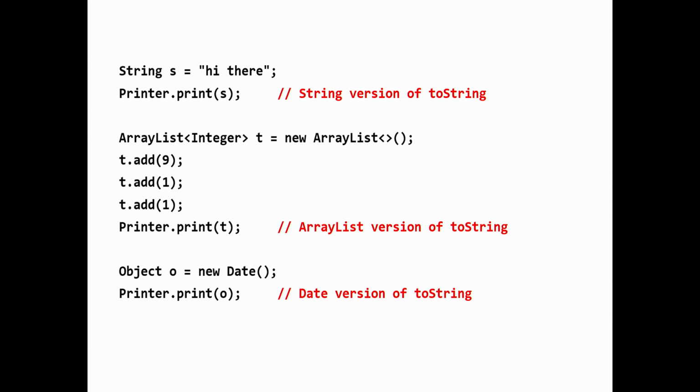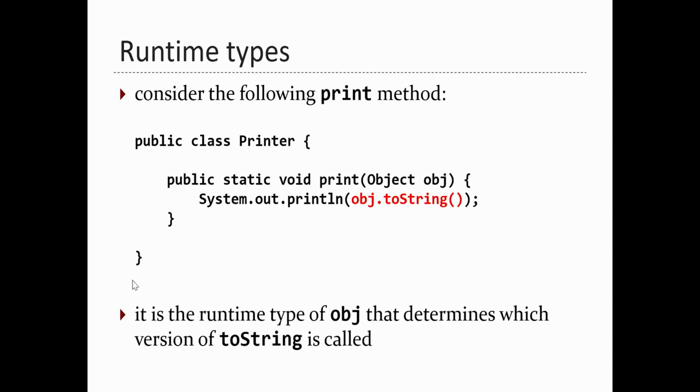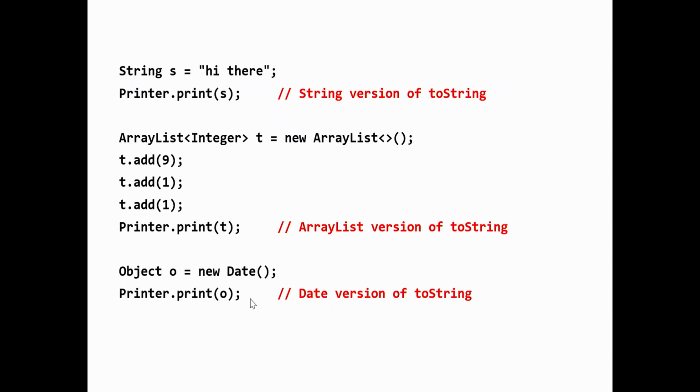And finally, if I take a Date object and store that in an Object reference O, and I pass O to the method, even though that's declared to be Object, when this method runs, it's the runtime type of O that determines which version of toString I get. So the runtime type is Date, and we get the Date version of toString. So declared type: which methods can you call? Runtime type: which version of the method gets called?